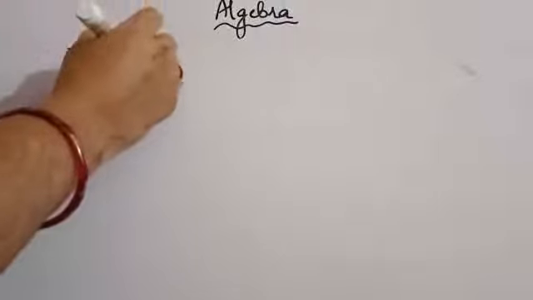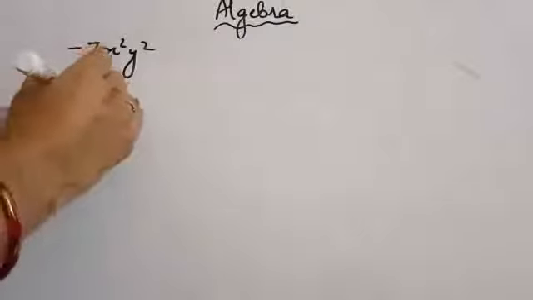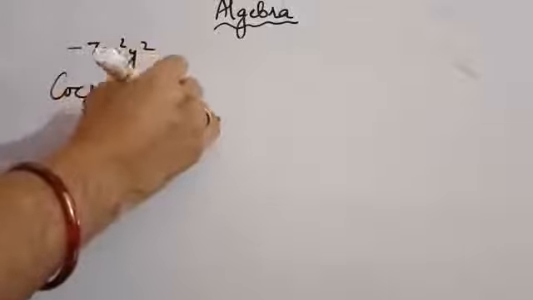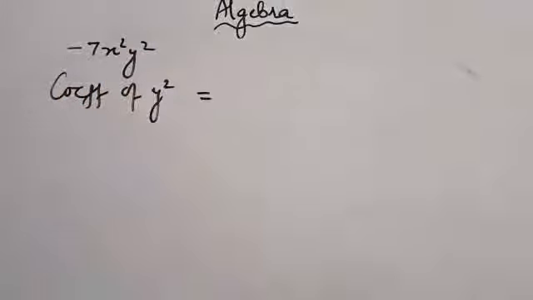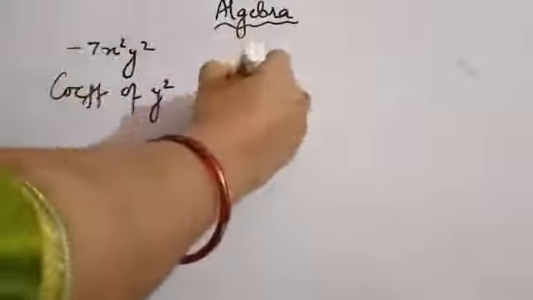Now writing the coefficient of the terms. Suppose we have minus 7x square y square. Coefficient we have for the term, not for the expression, not for any factor. We find out the coefficient of any factor in the term. Suppose I ask you the coefficient of y square. Coefficient of y square will be minus 7x square.